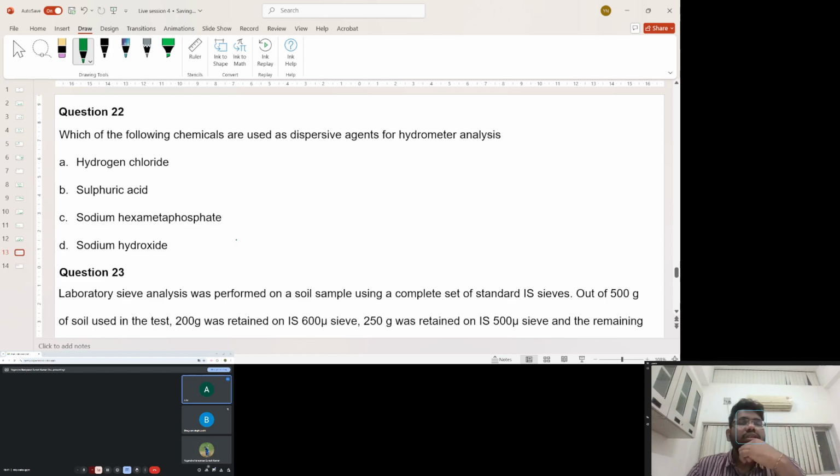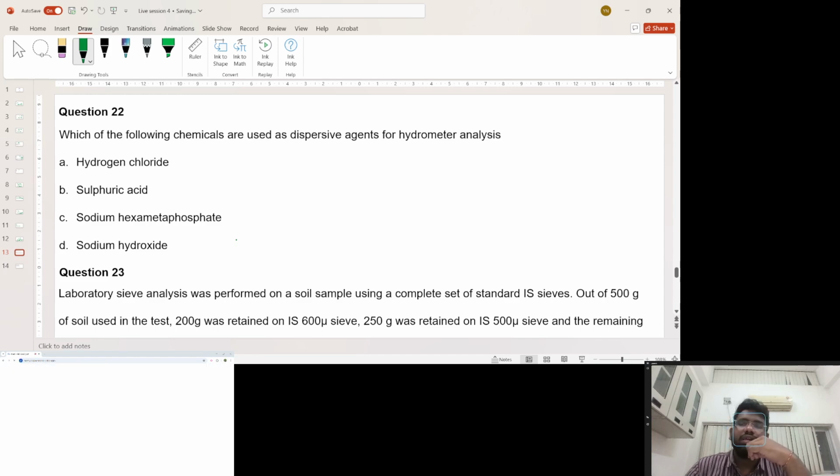In the case of a dispersive agent, you can eliminate options A and B, because HCl and sulfuric acid are essentially acids. Most dispersive agents contain sodium, and the sodium salts are very suitable as dispersive agents because of their cation exchange capacity.